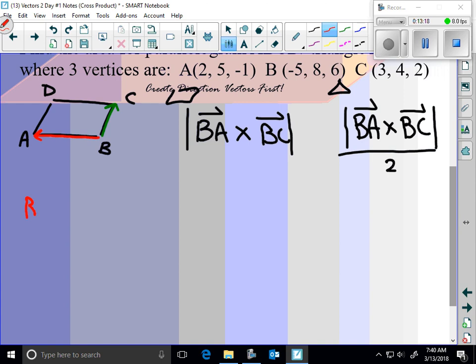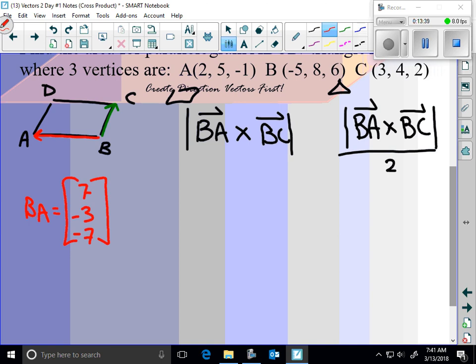Vector BA will equal all points of A minus all points of B. So that's 2 minus negative 5, which is 7. 5 minus 8, which is negative 3. And negative 1 minus 6, which is negative 7.